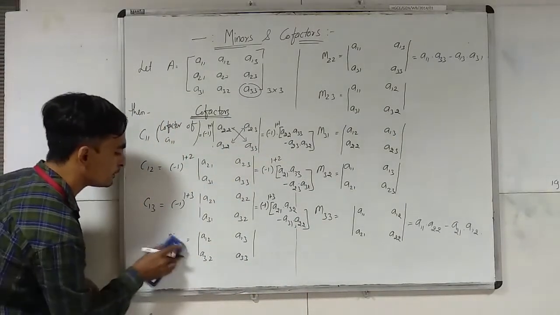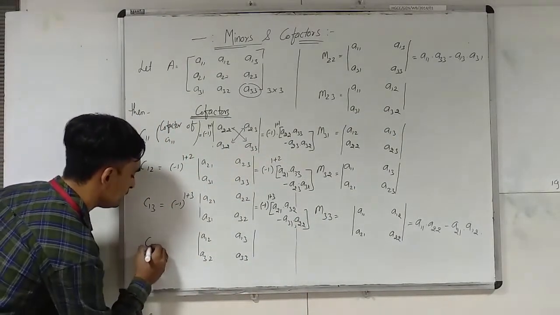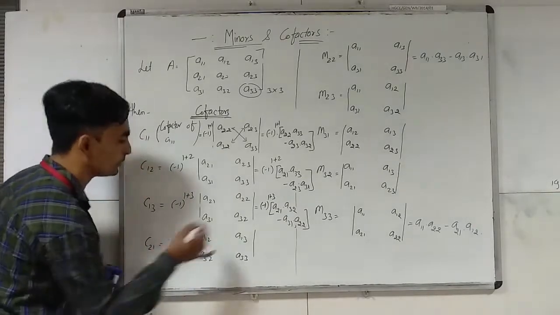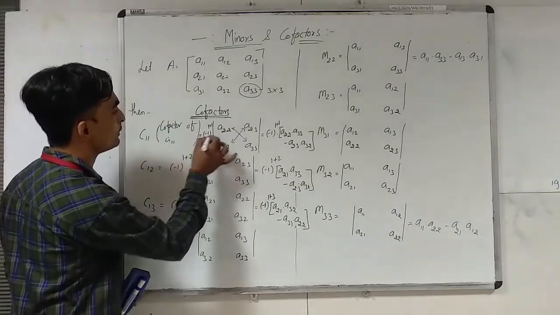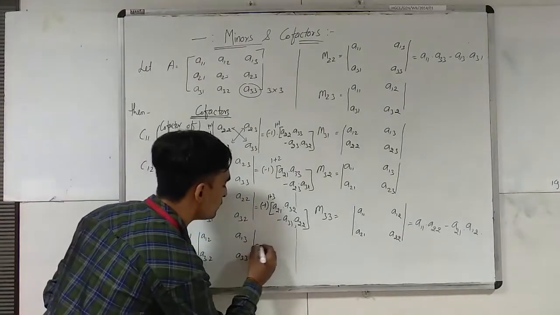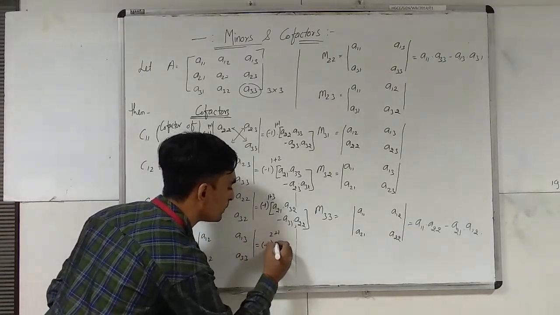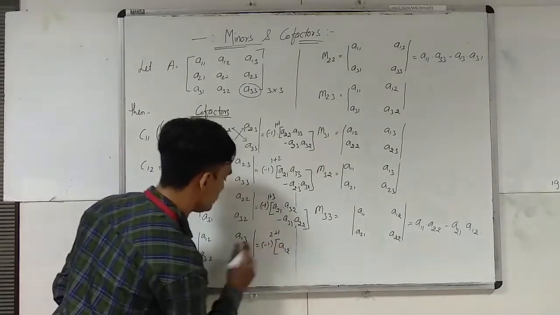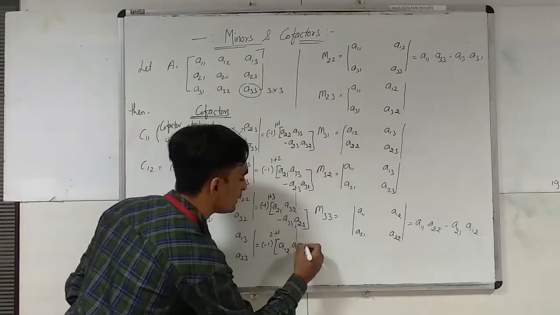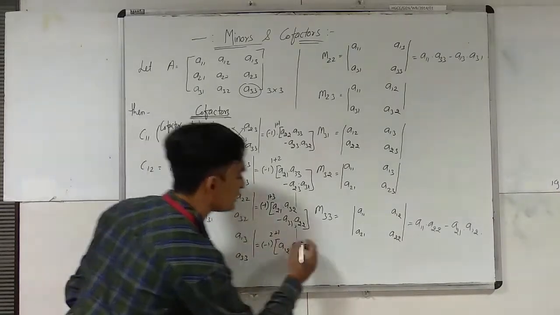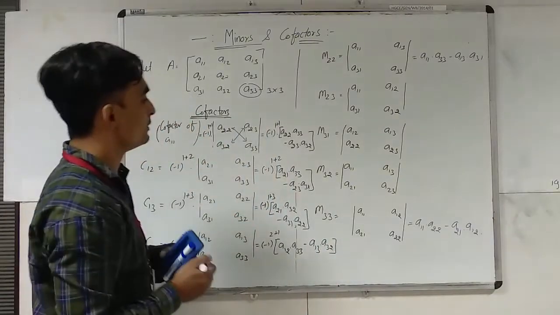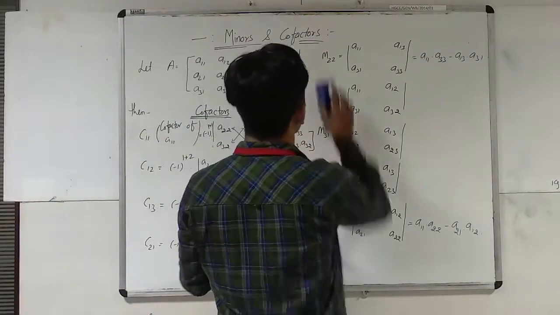Same way, C21 is minus 1 power 2 plus 1 into the minor multiplication. So this becomes minus 1 power 2 plus 1 in bracket A12 into A33 minus A13 into A32. Same process.